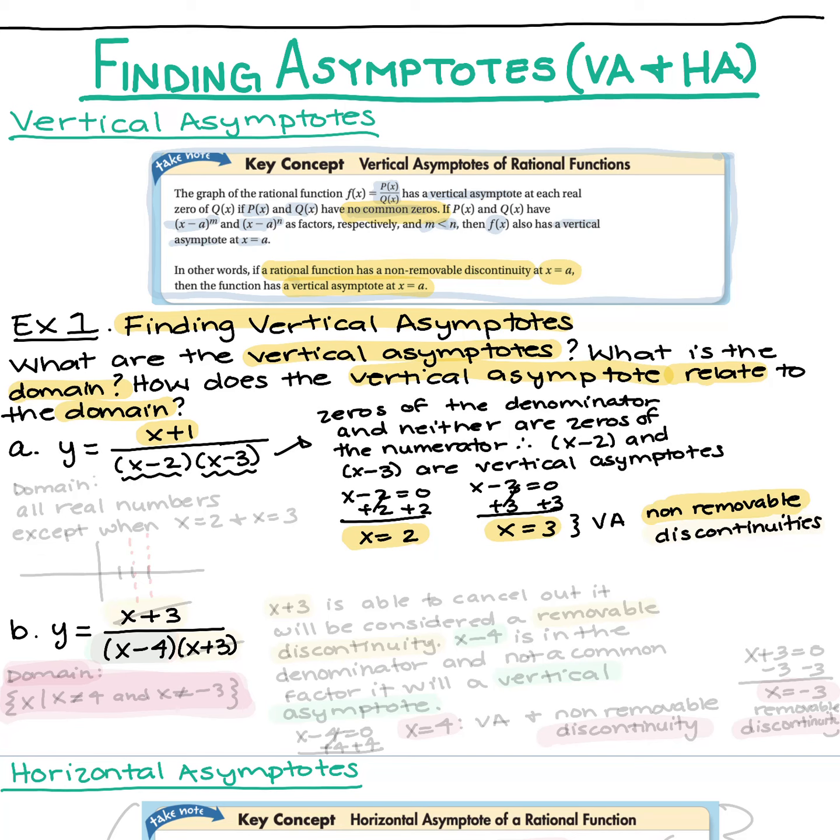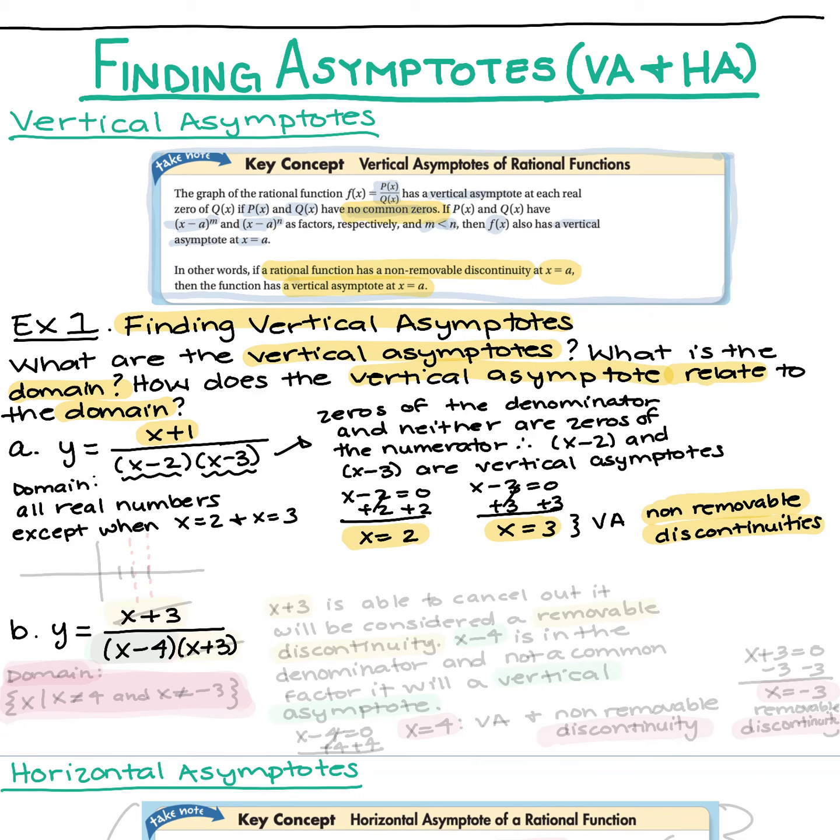Okay, so that means that my domain is going to be all real numbers except when x equals 2 and x equals 3.